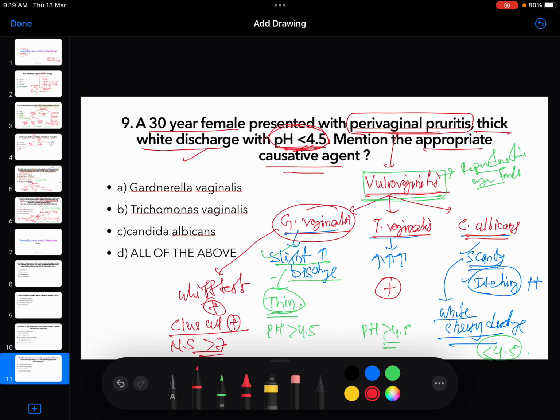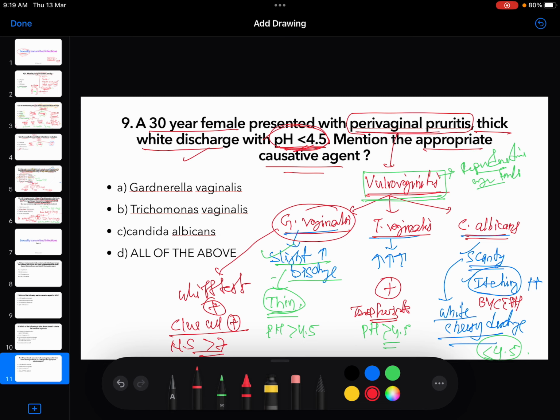In Trichomonas vaginalis, we see the trophozoite form on microscopy, and there is an increase in pus cells. In Candida albicans, we see budding yeast cells with pseudohyphae.